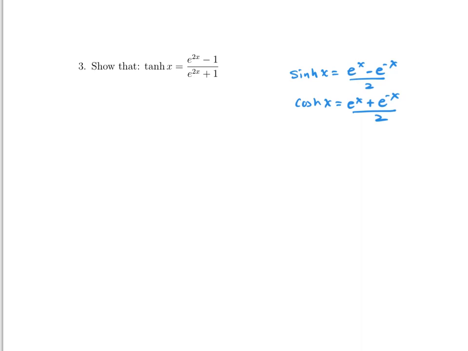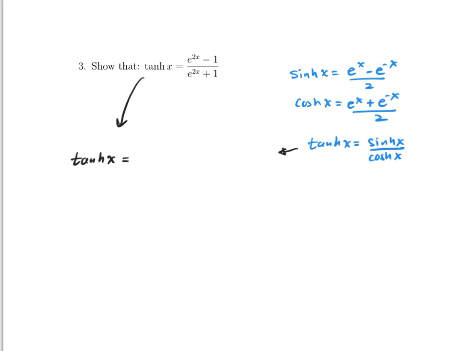But also recall that the hyperbolic tangent is the same thing as hyperbolic sine over hyperbolic cosine, which is essentially the same thing as tangent being sine over cosine from pre-calculus. So therefore here, that means the tangent, or hyperbolic tangent, sorry, is equal to sinh over cosh.